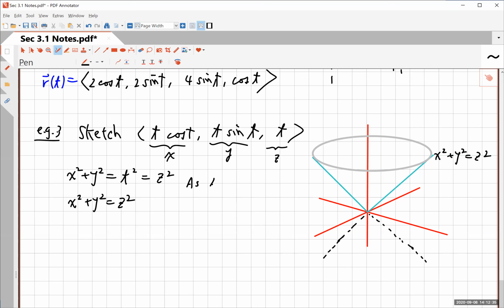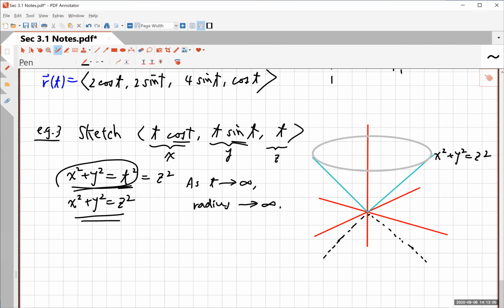And so what's happening here is this. As t increases to infinity, remember cosine squared plus sine squared is equal to 1, but it is the radius t circle. The radius in terms of x and y also increases to infinity. Okay, so the first thing it tells you is all the points are on this double cone.